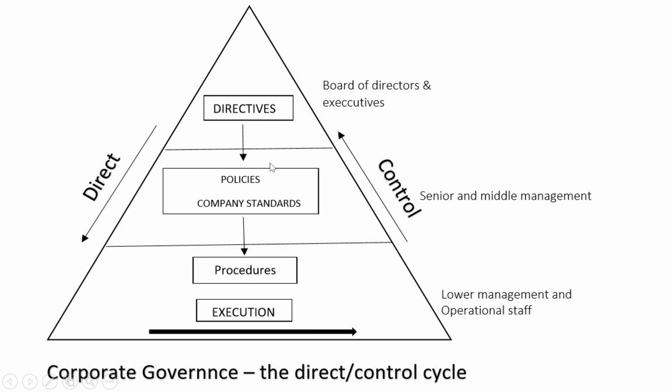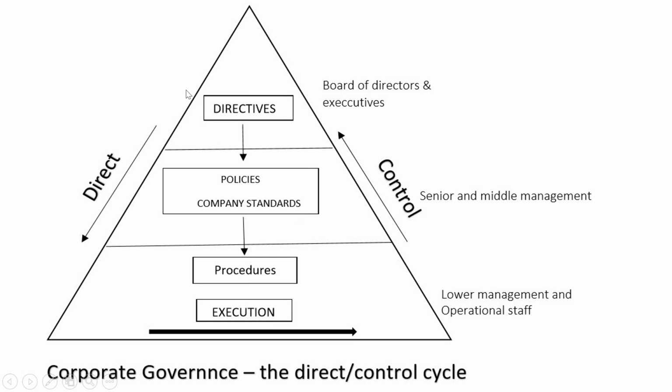What they decide here goes into policies. They sign the policy, and then the senior and middle management guys make sure that those policies are being complied with. And then at the execution level, the day-to-day staff, the employees of the organization, execute it. So it's a cycle.